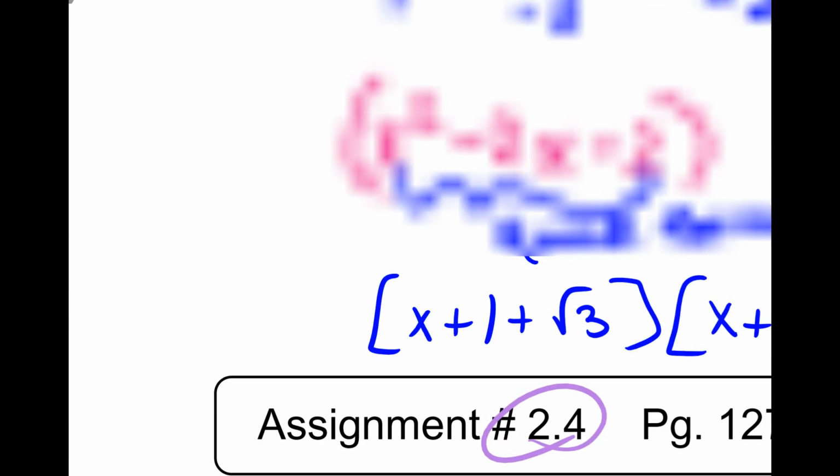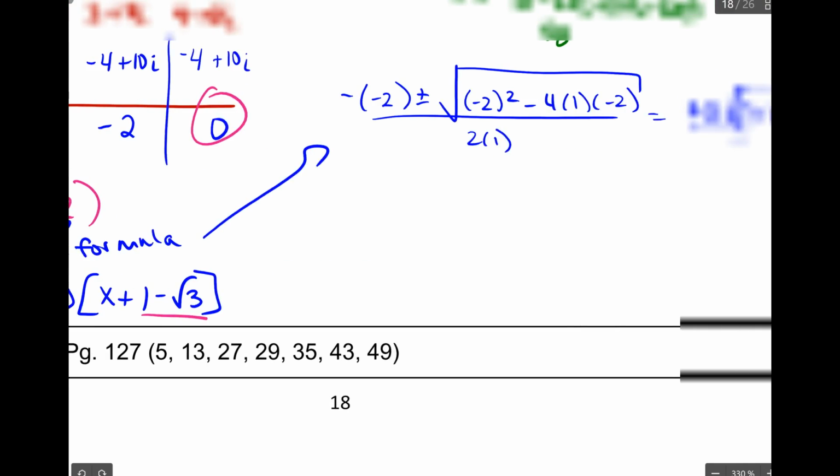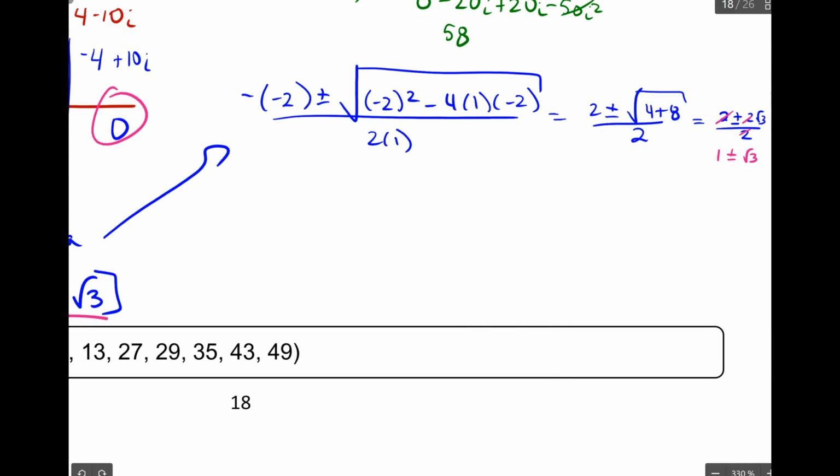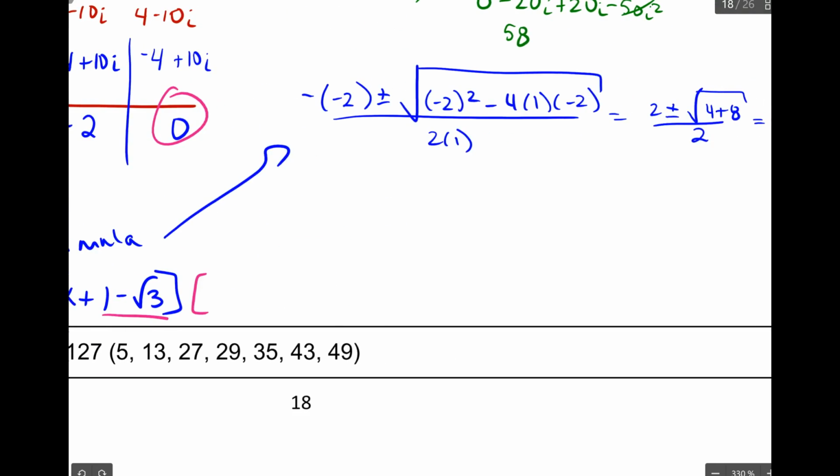So I know my other two terms, besides these, because remember it was 1 plus or minus square root 3, so since those are my roots, I have x plus the positive 1 plus root 3, and I have x plus the negative of 1 minus root 3, right, because the root is 1 plus or minus root 3.